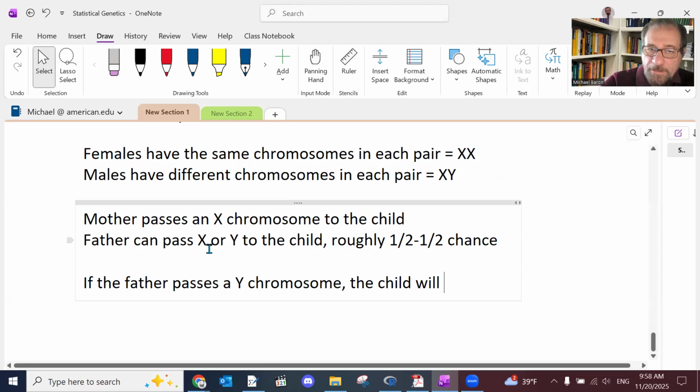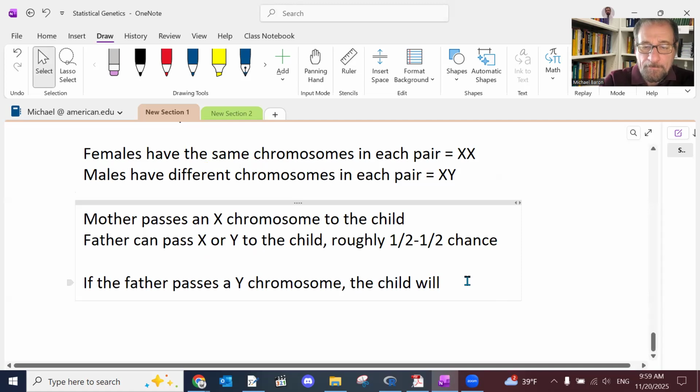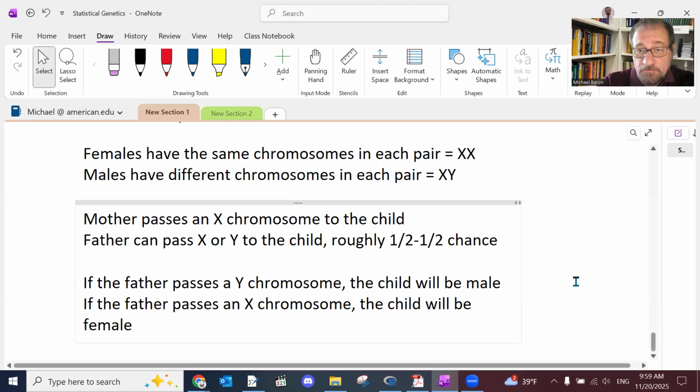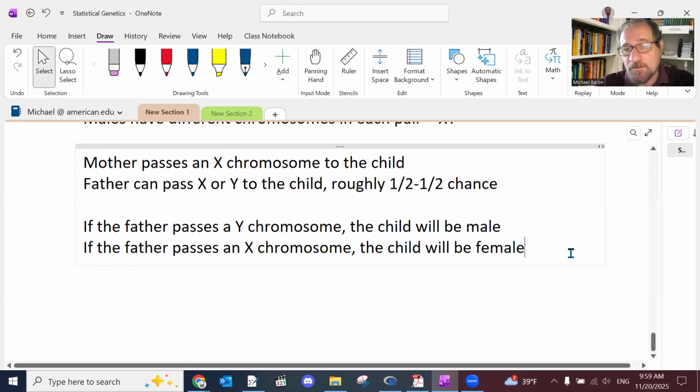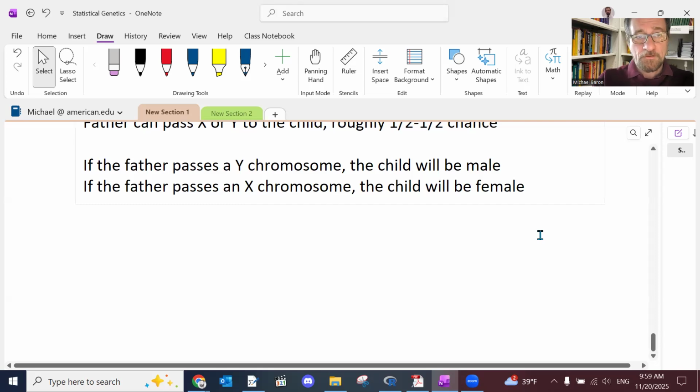Well, the child will be XY, and that will be a male. If the father passes an X chromosome, the child will be female. So in that sense, the father decides whether the child will be a son or a daughter.